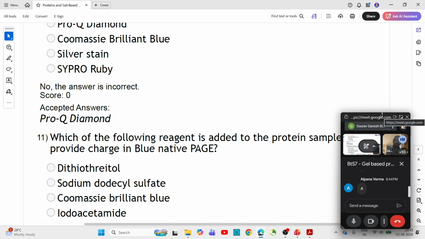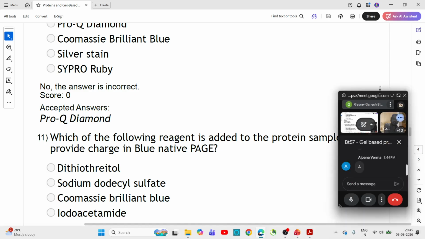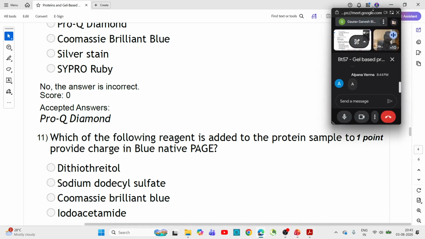So which of the following sample reagent is added to protein sample to provide charge in blue native page? We discussed this. So what's the answer? It's blue native page and not SDS page.